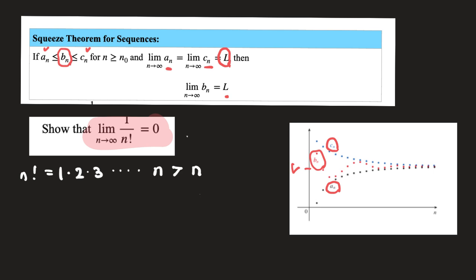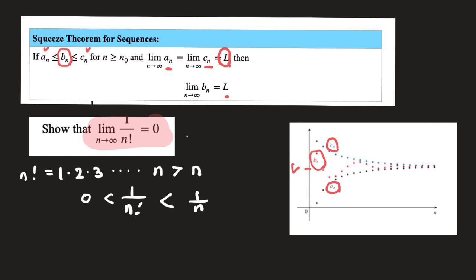So I'm going to flip it, take the reciprocal, so I put 1 over n here, and 1 over n factorial here. Which one is bigger, guys? Definitely 1 over n is bigger because n factorial is bigger than n. Of course, 1 over n factorial is greater than 0, right?